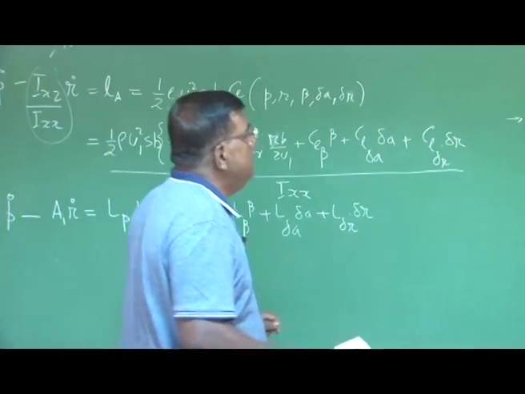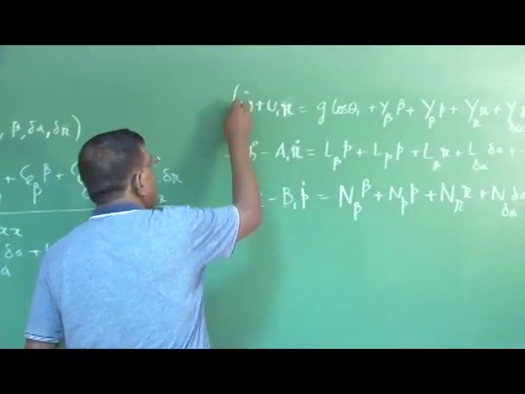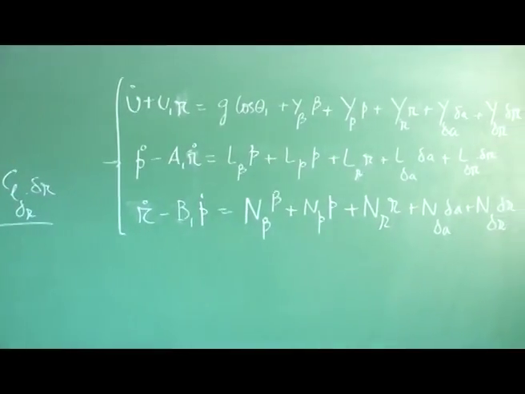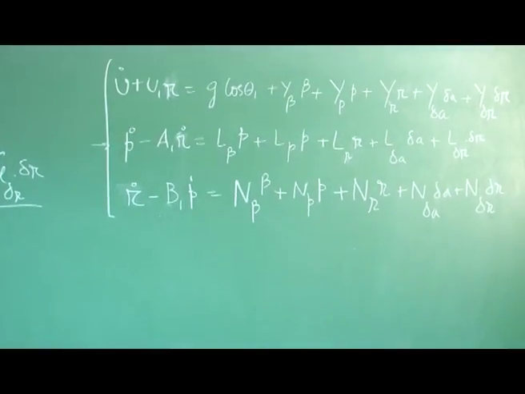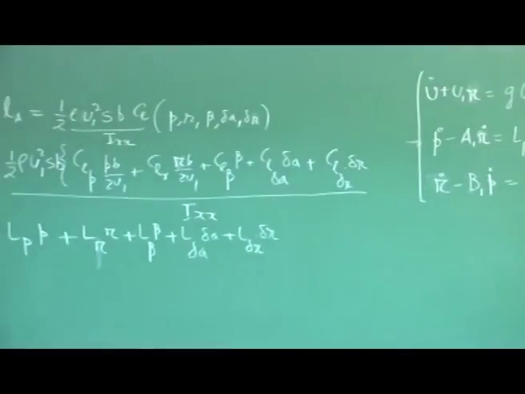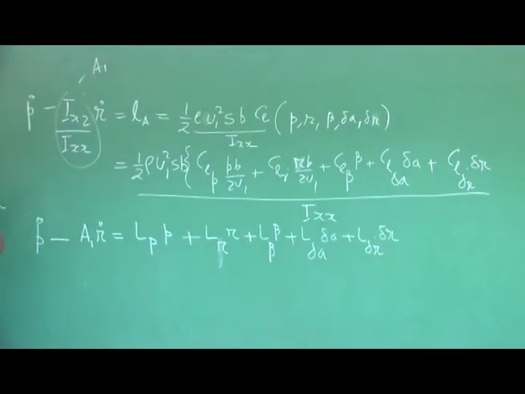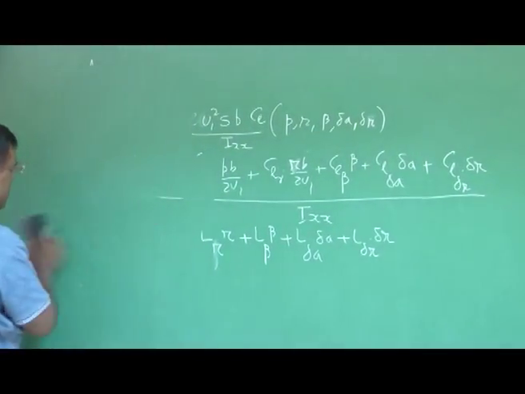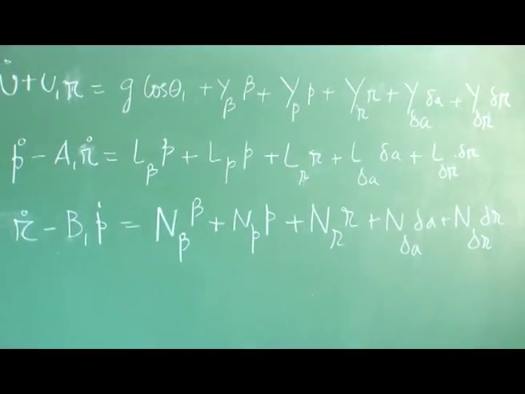Once I know this, and if I am happy with this equation, I want to work in frequency domain, I apply Laplace transform, and then the equation will take the form which is as it was done for the longitudinal case.